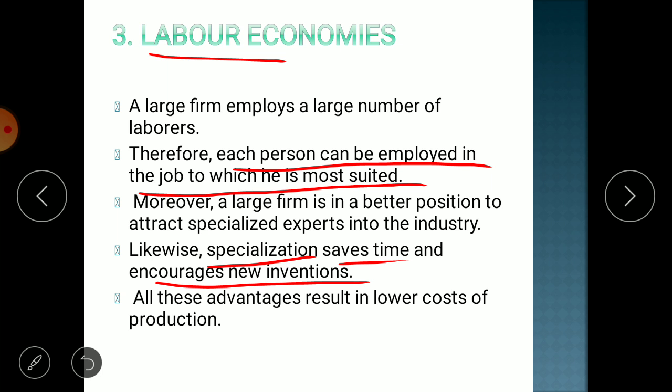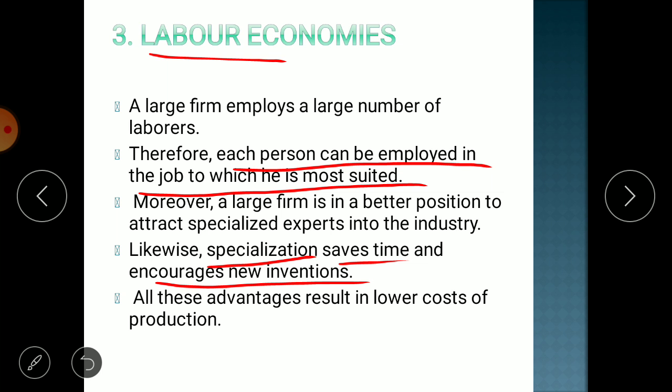Take an example that you have employed a person for production who has much interest in production. So he is always thinking about production, and he will think of creative ideas by which other ways the same product can be produced. So it will encourage inventions. The creative thoughts can be applied because a person has interest in their job.